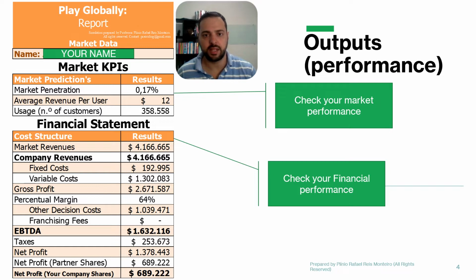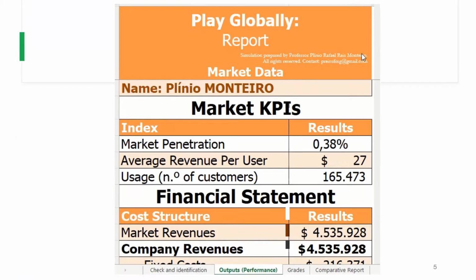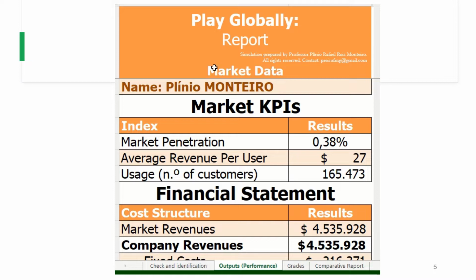After checking and validating your answers, you should go to the tab Outputs Performance to check your results. In the output performance, you should check your name to validate that the result is related to you. And then the first thing is to look at your actual results in terms of market performance.